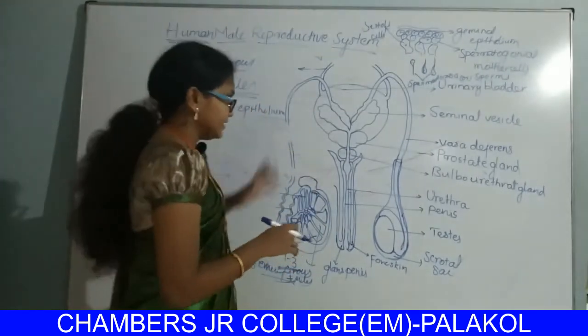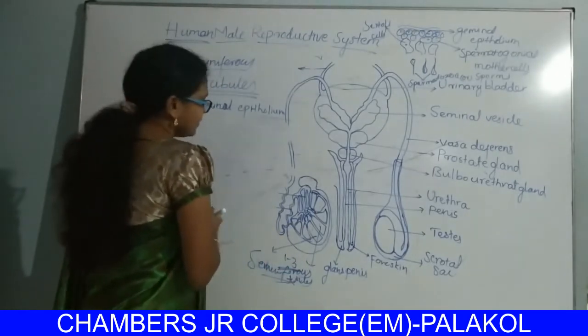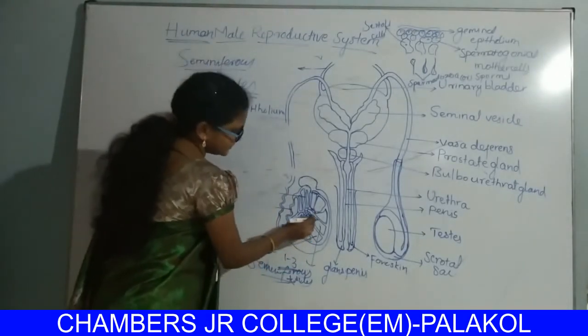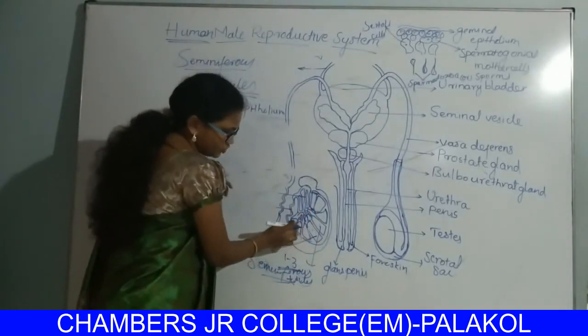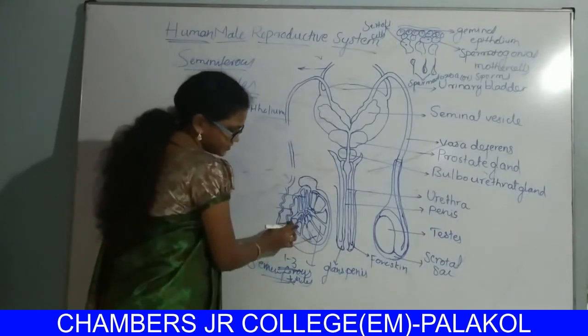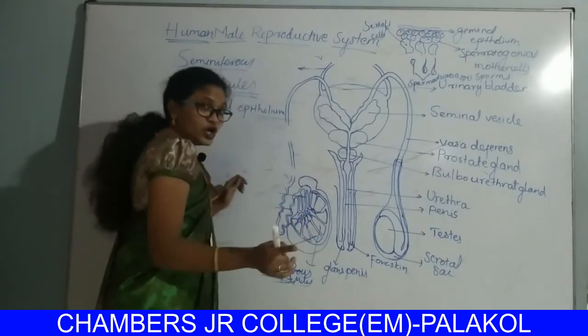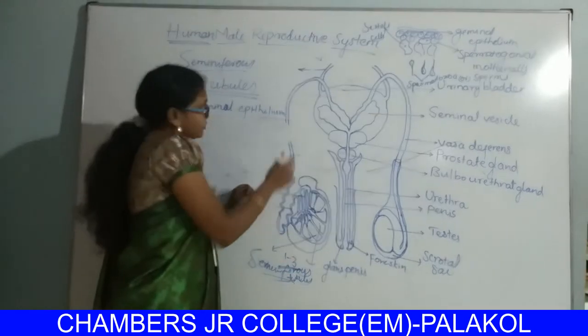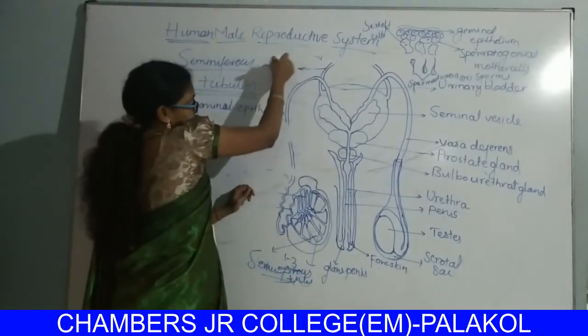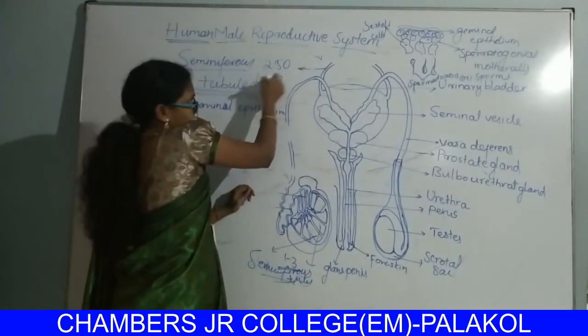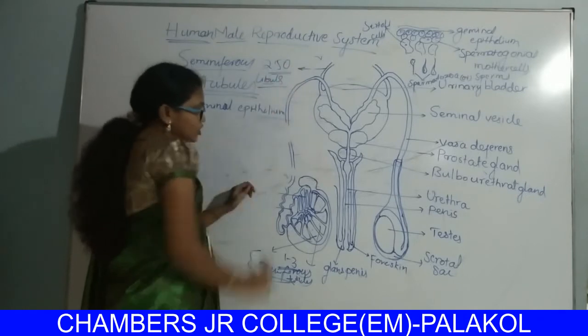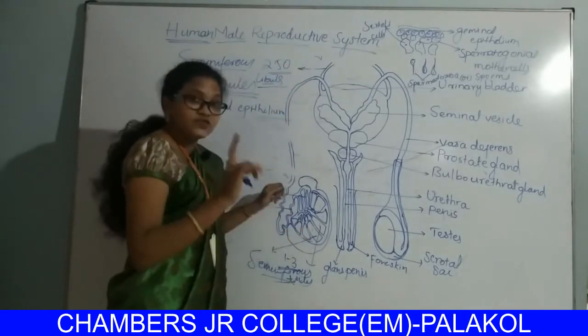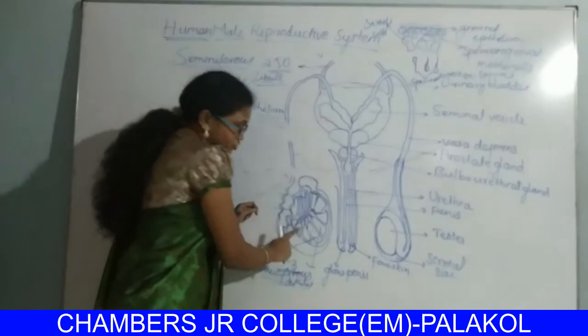Understand? And next, the testis is divided into how many lobules? 250 lobules. Each lobule contains 1 to 3 seminiferous tubules.